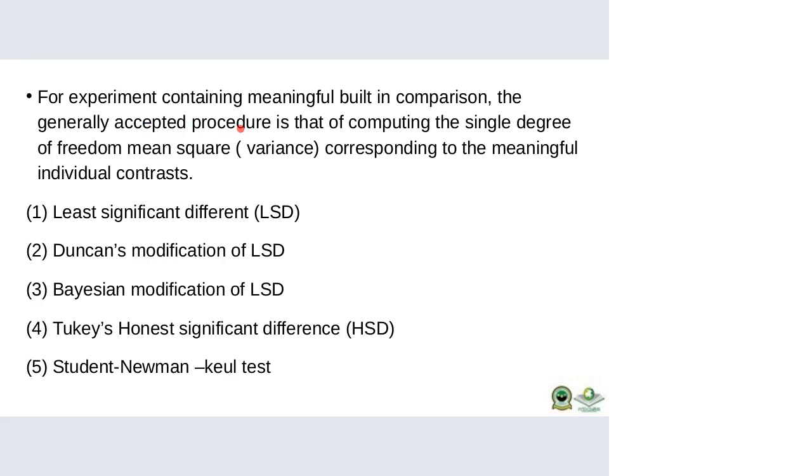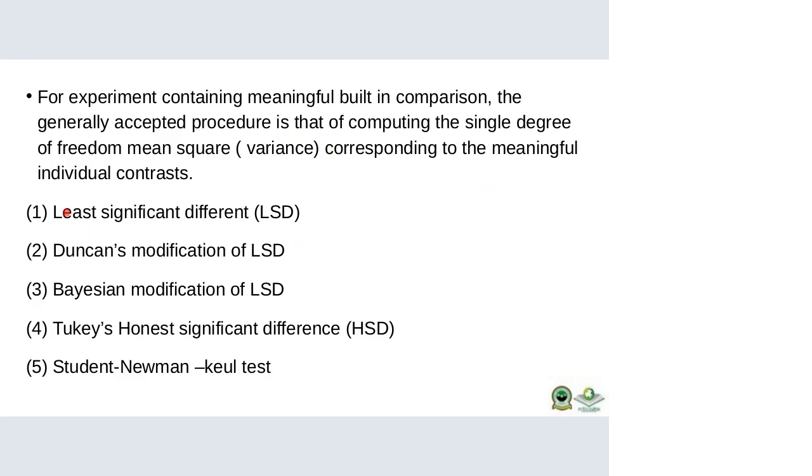For experiments containing meaningful built-in comparisons, the generally accepted procedure is computing the single degree of freedom mean square variance for the meaningful individual contrast. So we have examples: least significant difference, Duncan's modification of LSD, Bayesian modification of LSD, Tukey's honest significant difference, and the Student-Newman-Keuls test.